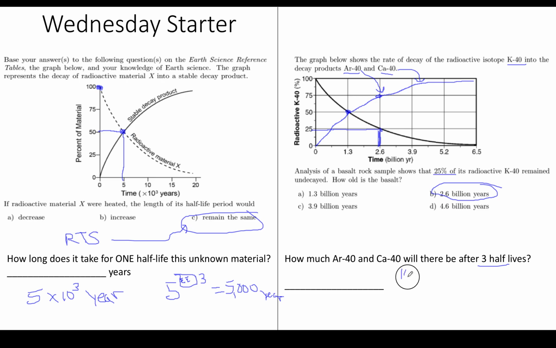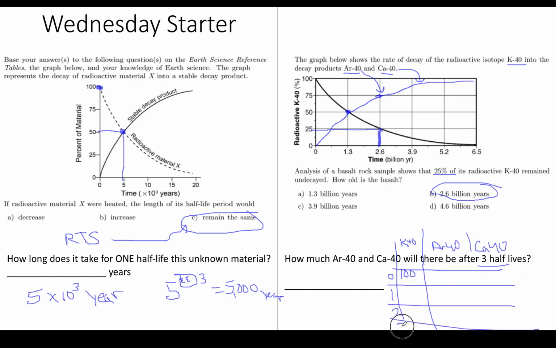We can start with 100, and that would be of our isotopes, which is K40. And then we could say that the products of Ar40 and Ca40 are here. This represents 0 half-lives. We'll do 1 half-life, 2, and then I can probably squeak a third down in here.